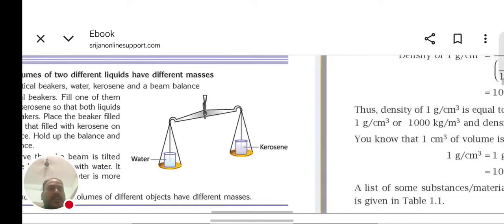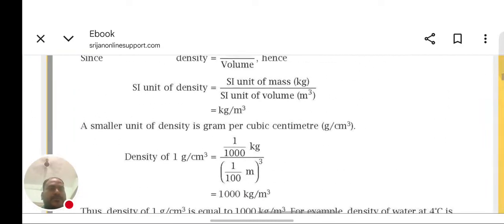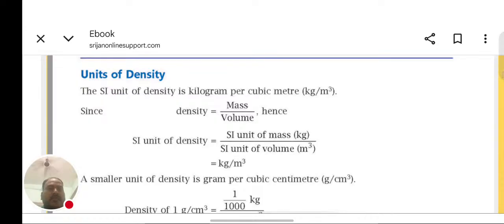Now next one. In density we are going to discuss the SI unit of density. We measure mass in kg, we know the SI unit of mass is kg, and the SI unit of volume is meter cube.